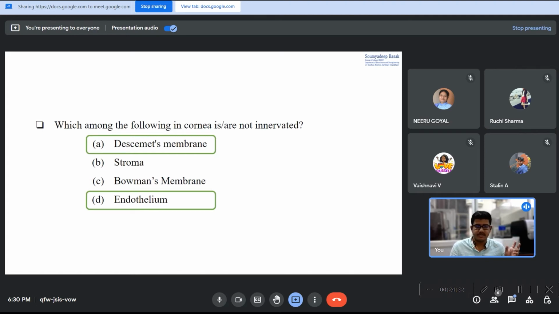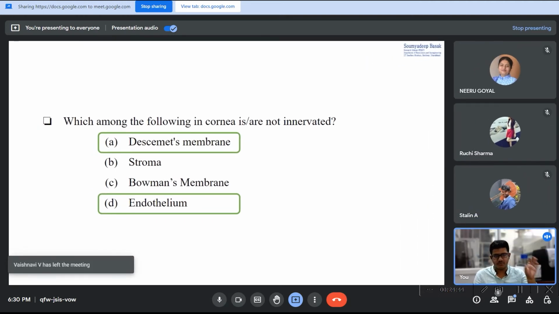Not innervated means there are no nerves present. It is directly mentioned in the slide that in the membrane as well as the endothelium, there is no presence of nerves. They are not innervated.